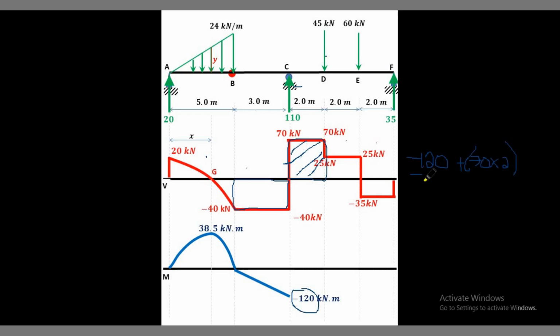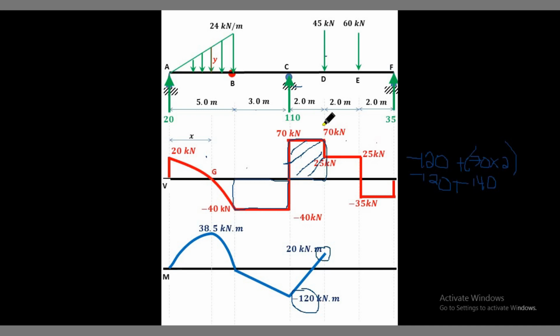That is negative 120 plus 140, which is equal to 20. Since dito sa my shear diagram, this is a 0-degree curve, so pag i-connect ko si negative 120 tsaka si 20, magiging 1-degree curve. Nag-end na ako kay positive 20.